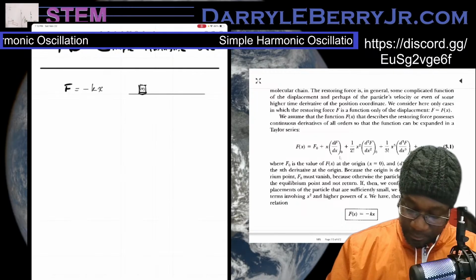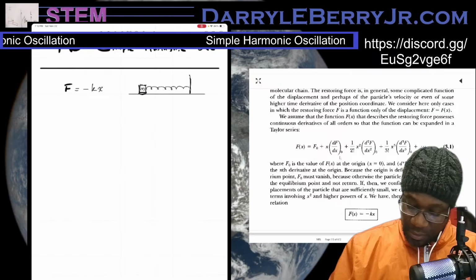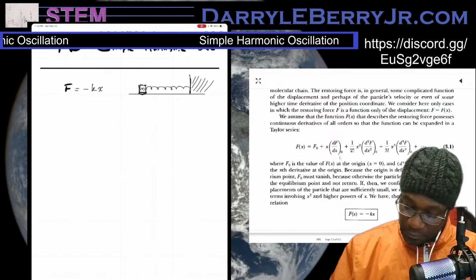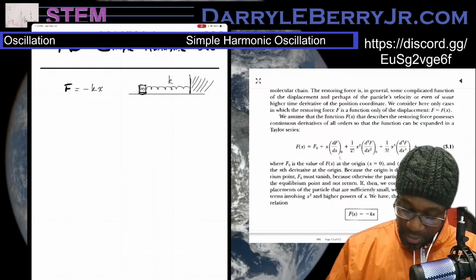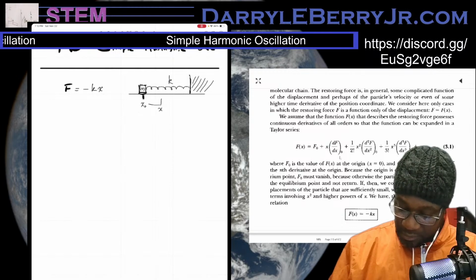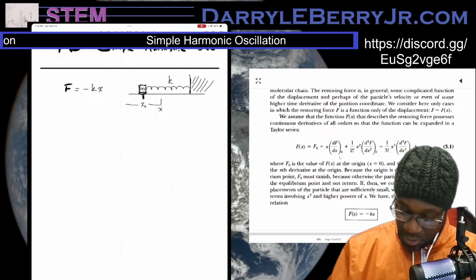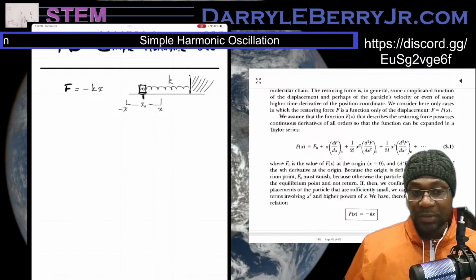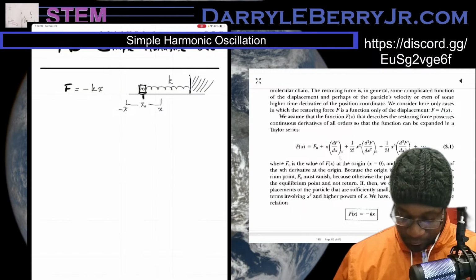This is our mass, and the spring is connected to a wall. The spring will have a constant k, and if this is the equilibrium point where it's at, then x will be the amplitude about which it moves, and reach the maximum x.